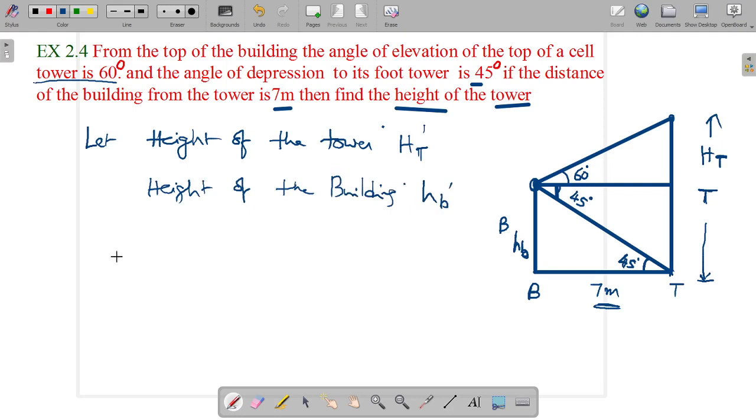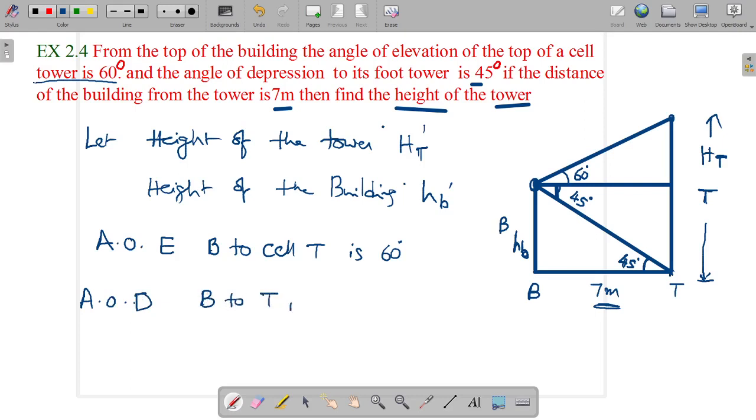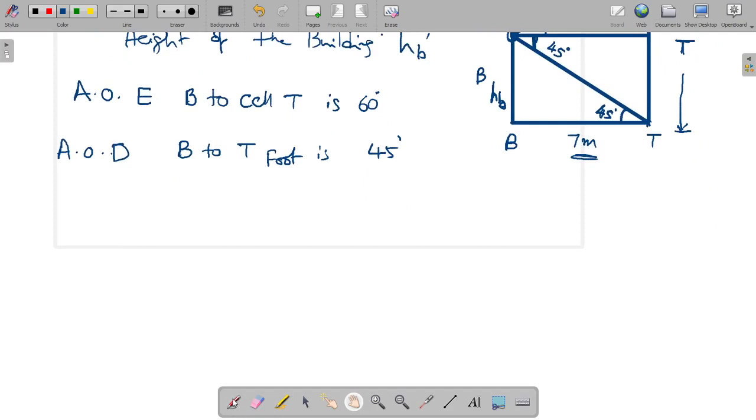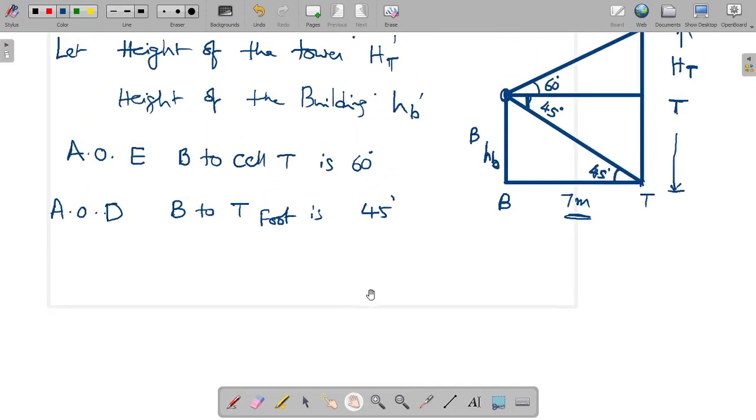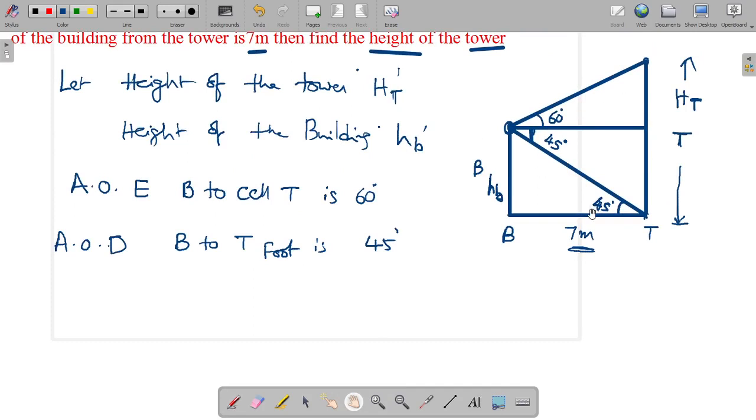The angle of elevation from the building to the cell tower is 60 degrees. The angle of depression from the top of the building to the cell tower foot is 45 degrees. So first it seems to be a tan theta application.